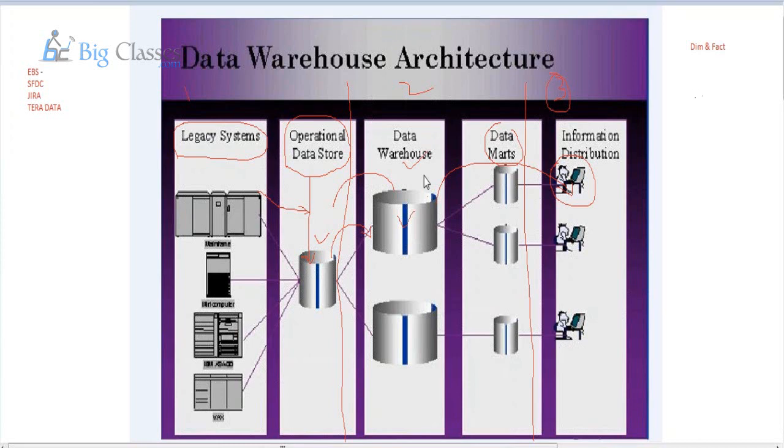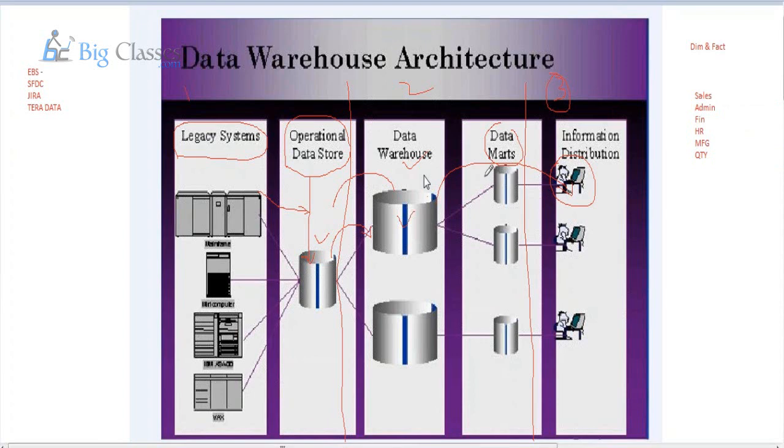For example, in a single organization there are different business streams: sales is one stream, administration is one stream, finance is one stream, and HR is another stream. There are also manufacturing, energy, and quality groups. So there are different types of business processes, and each business process's related information we will store in data marts.